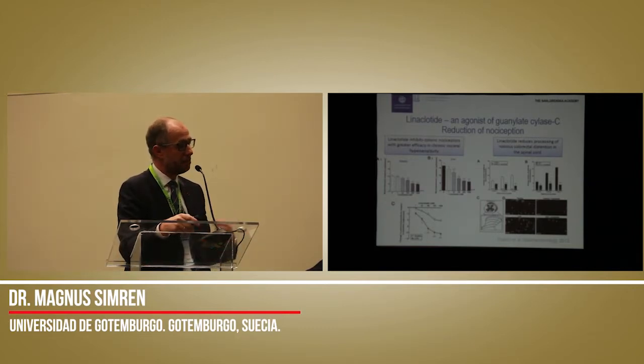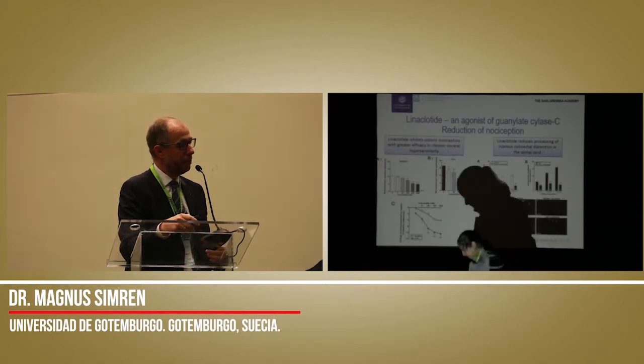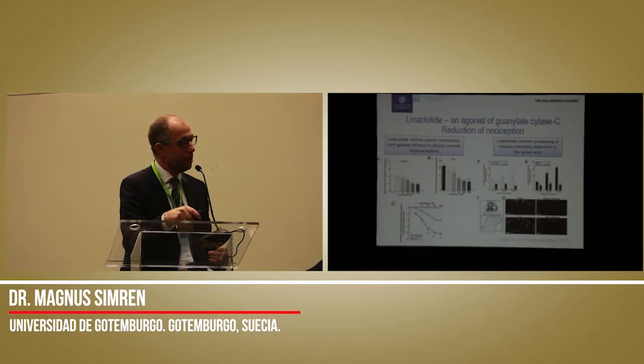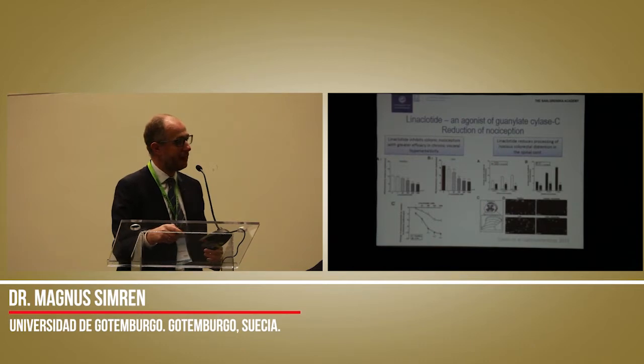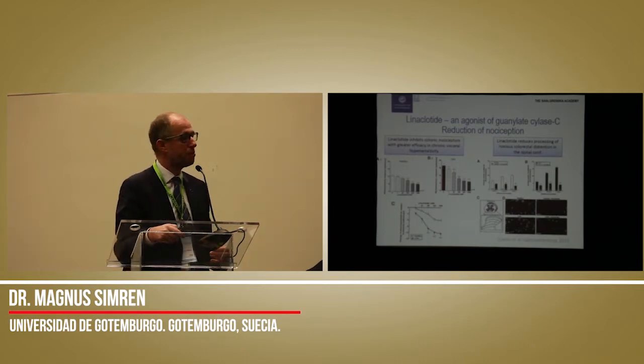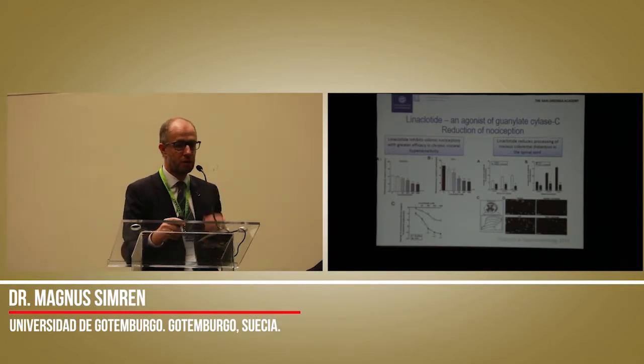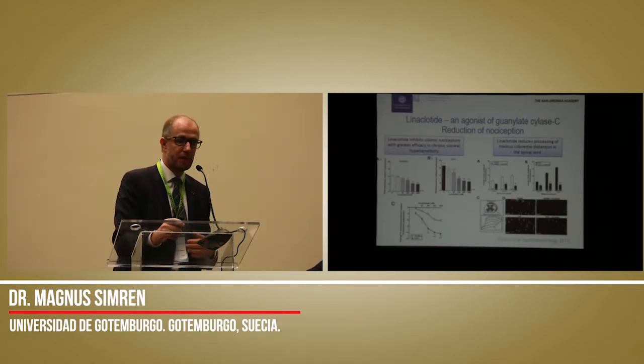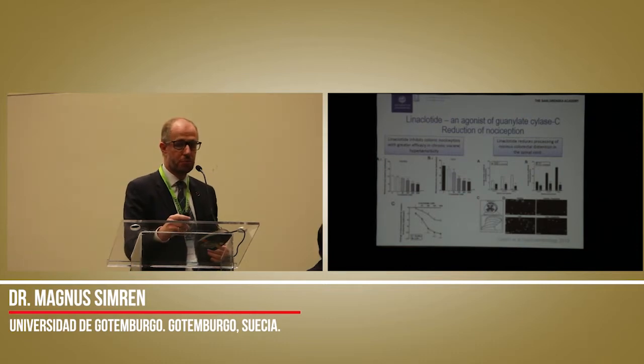They stimulated the gut mechanically and measured the colonic nociception, and what they could show was that linaclotide inhibits colonic nociception, and that was particularly true in animals with chronic visceral hypersensitivity. And it also reduces the processing of noxious colorectal distension in the spinal cord, providing evidence that linaclotide can reduce nociception. So in the clinical setting then, this should translate to less pain in patients with IBS.